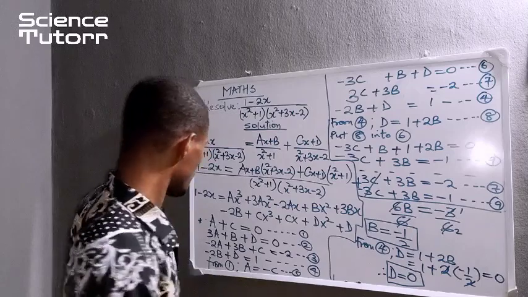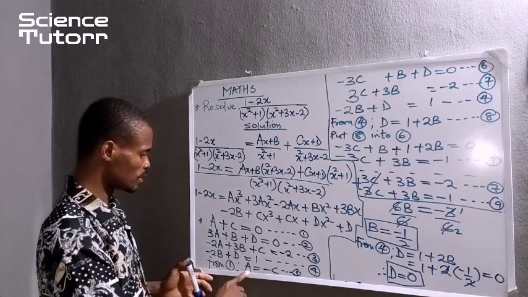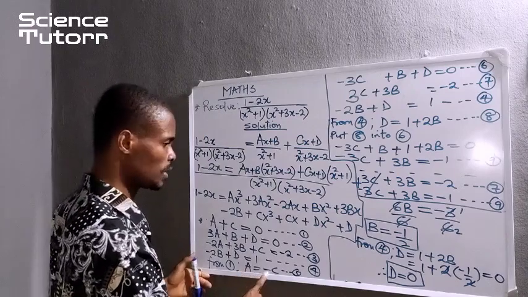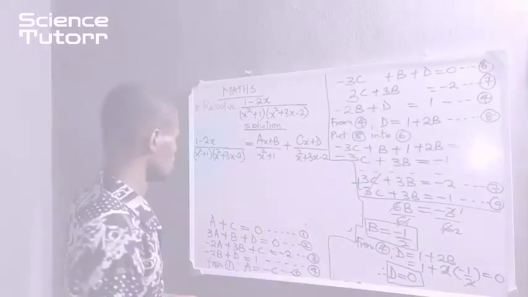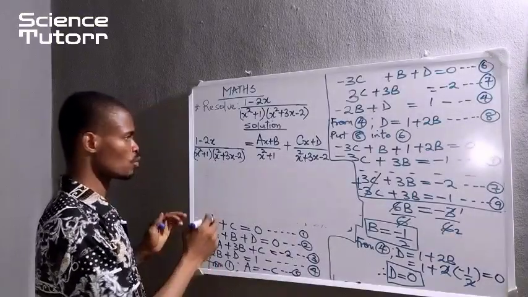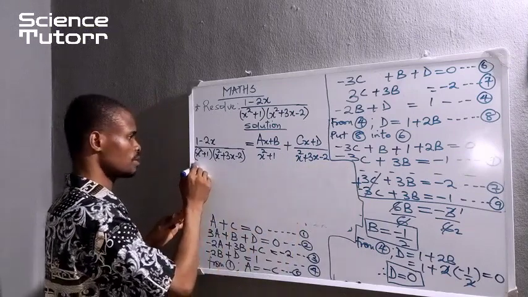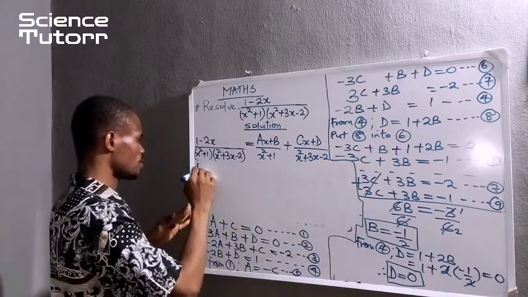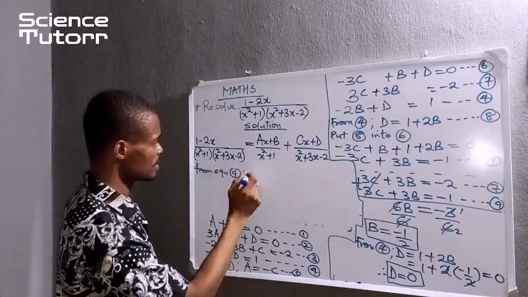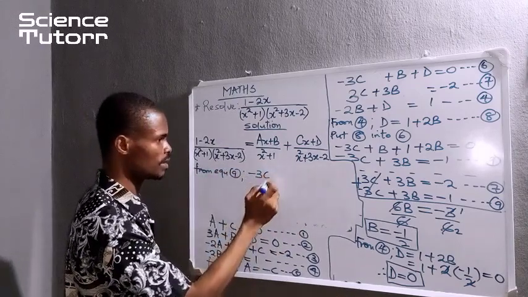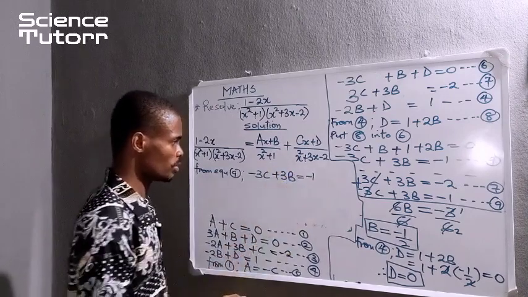Left is A and C, because from equation 1, we know that A is equal to minus C. So we need a relationship that will connect B and D. So let's look at equation 9. From equation 9, we have it that minus 3C plus 3B is equal to minus 1.